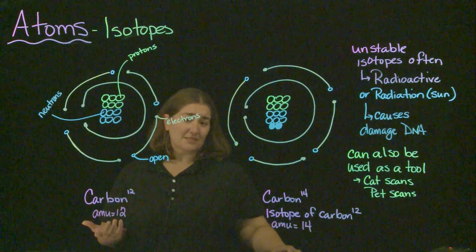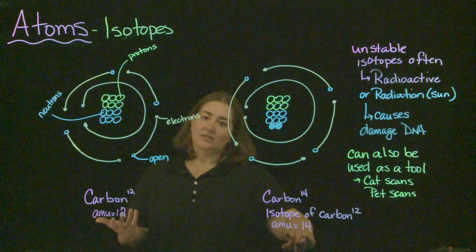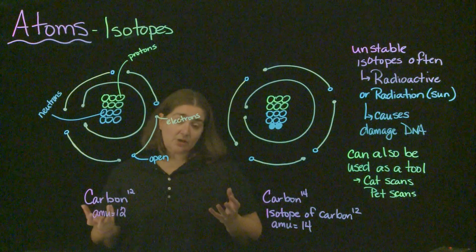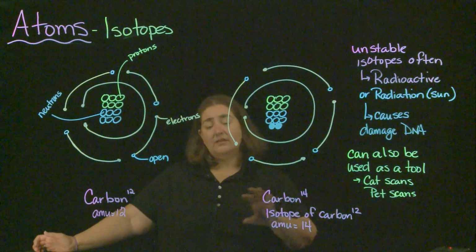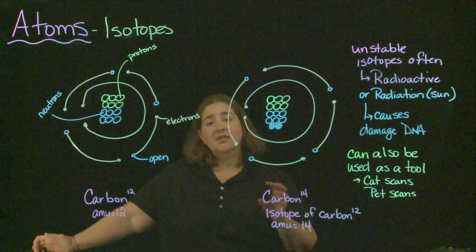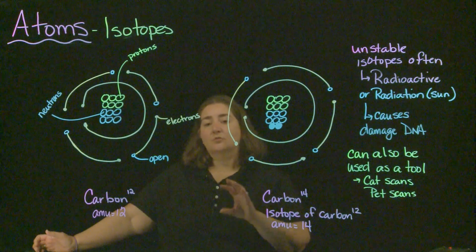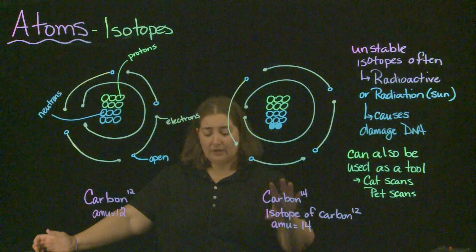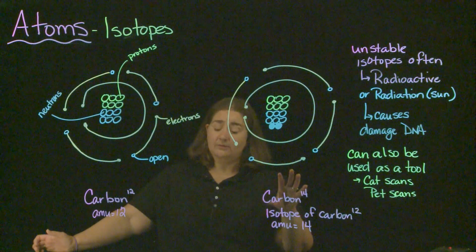So you'll sometimes hear these referred to as heavy elements, and that just gets to the difference in the mass between the two. But what we're talking about is something that is radioactive, and there are degrees to it. Some elements are more radioactive than others. I'm not concerned with you knowing which ones are more radioactive than others. What I want you to take away is what an isotope is, and how those isotopes can be used in healthcare.